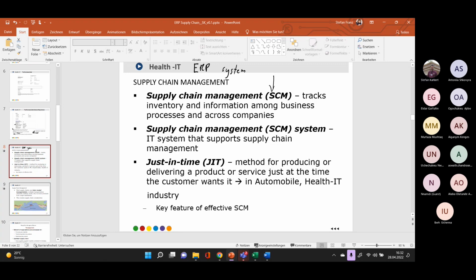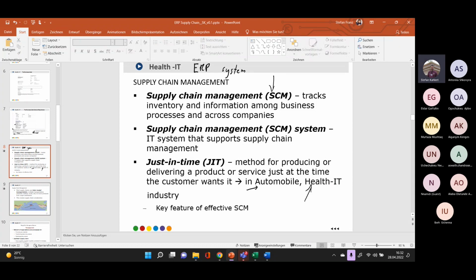And for this you need the supply chain management system, and for this you again have a tool or modular software which provides the process around such a delivery. And also on top of that, for certain industries, but you will find that mainly in automobile and in health IT, you have just-in-time delivery.